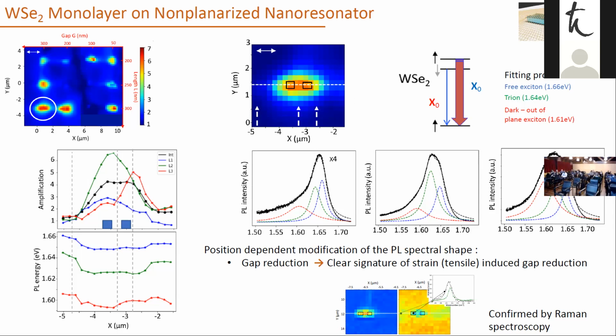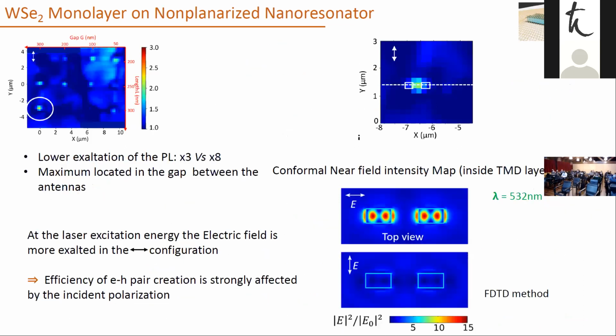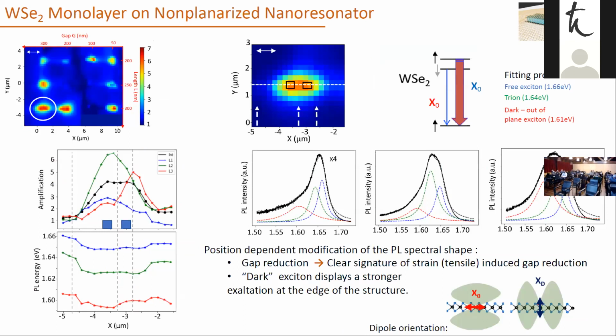It looks like the dimer in the non-planarized emits with one lobe, and then in the planarized you get two lobes. Is that because it's acting like two monomers? Yes, this is dominated by the strain. When you shine light on your sample, you have a beam that is 500 nanometers to 1 micron, and all the excitons which are excited in this beam will drift toward your maximum strain part, and it will become very, very bright.